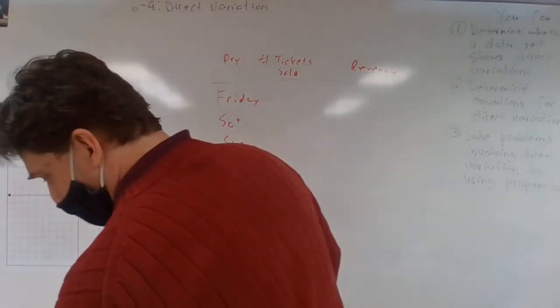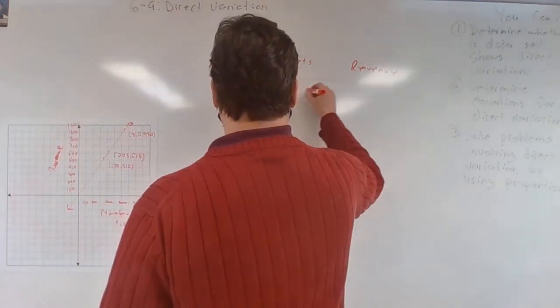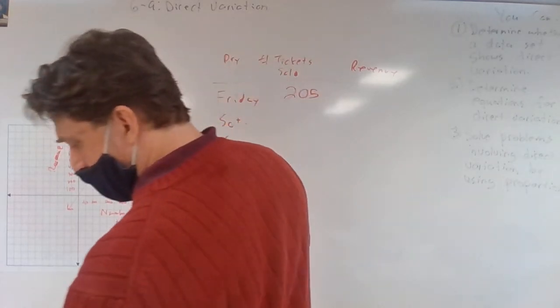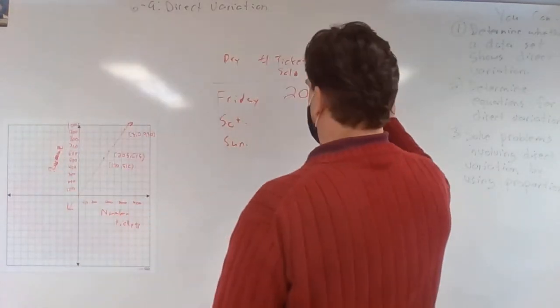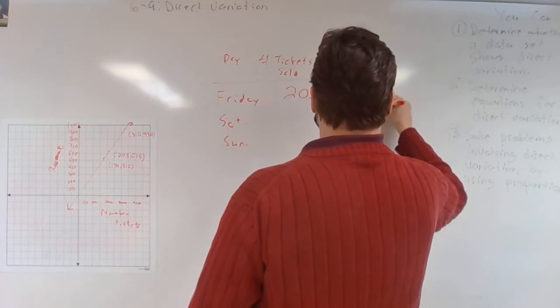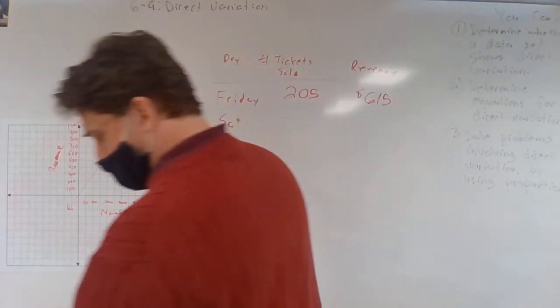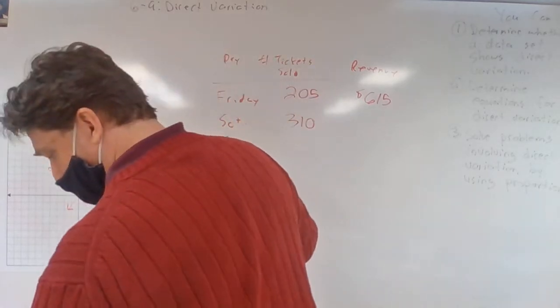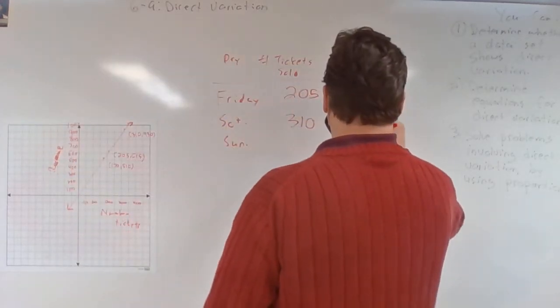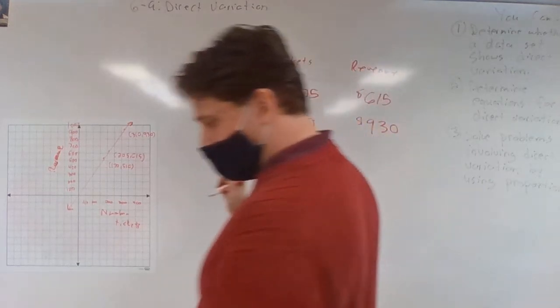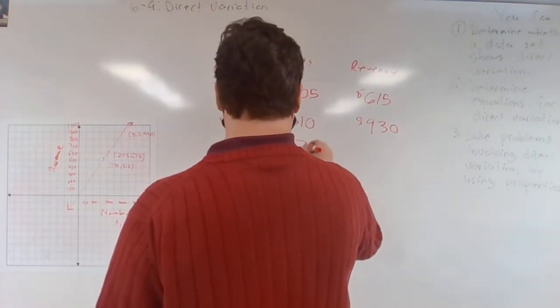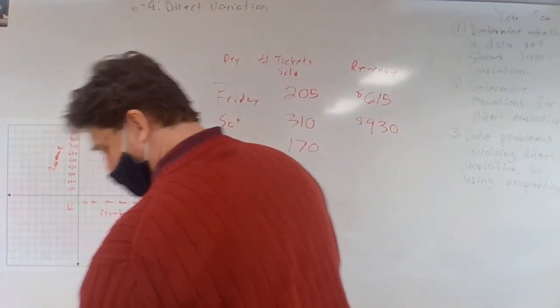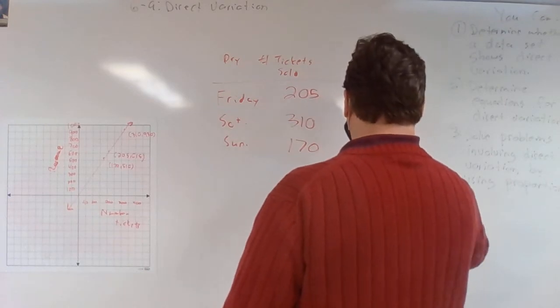On Friday, they sold 205 tickets, and they generated $615 in revenue. On Saturday, 310 tickets were sold, and now they made $930. And then on Sunday, 170 tickets were sold for $510.